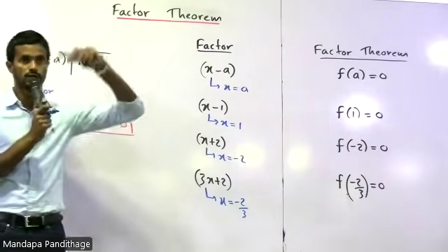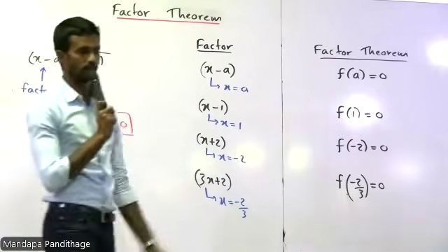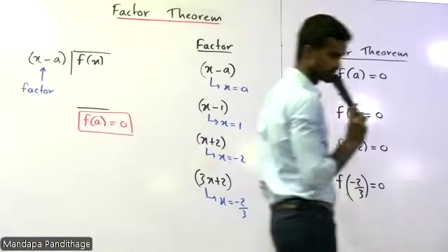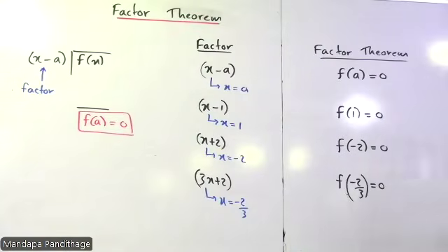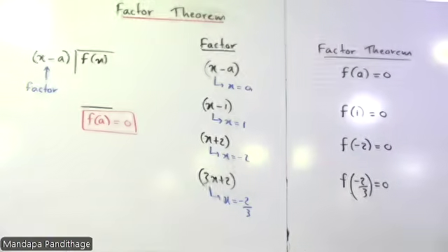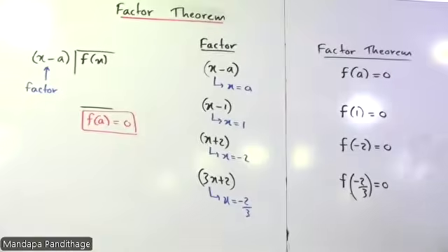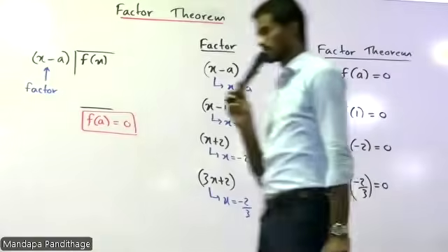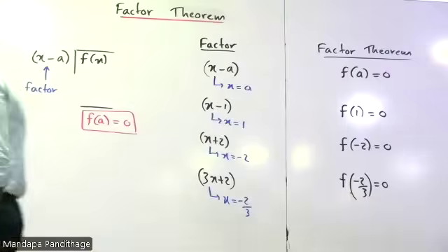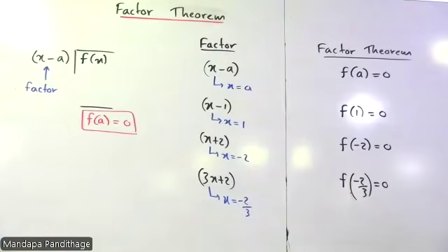Okay, again write in quotation marks. Put the opening quotes. If x minus a is a factor of f(x), then write in red pen, f(a) equals 0.